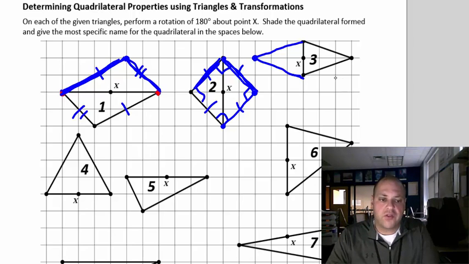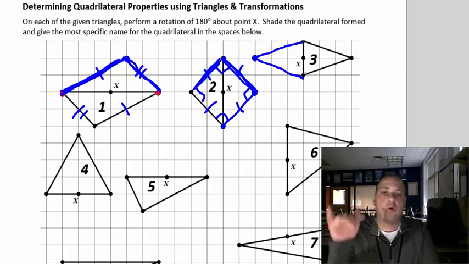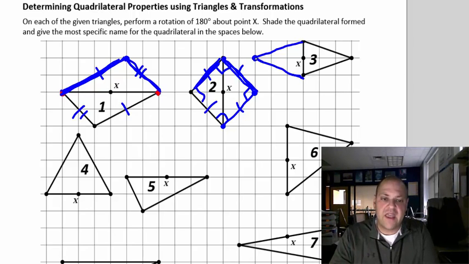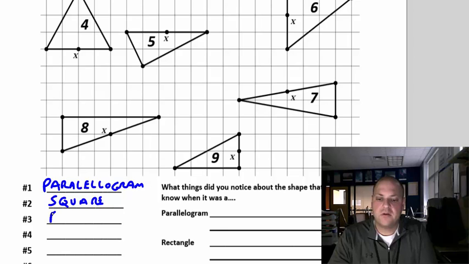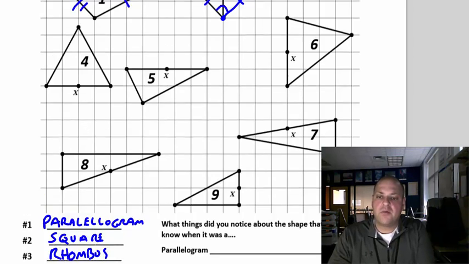See how it goes over 3 and up 1? This goes over 3 and up 1. So it's 3, 1, 3, 1, 3, 1, 3, 1, the horizontal and vertical. Therefore, these sides must all be the same length. Therefore, we have a rhombus. We have a rhombus for number 3. All right, number 4.